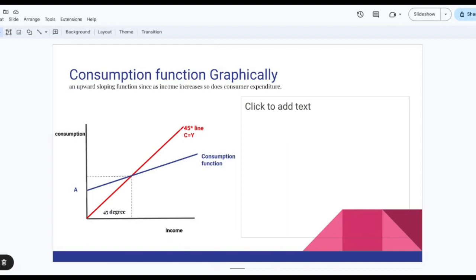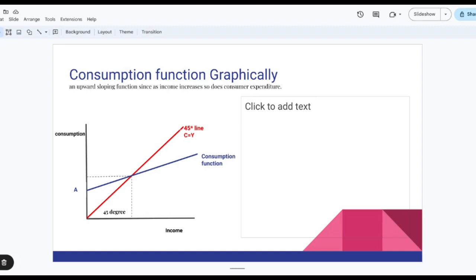Where the line crosses, that's where income is equal to consumption, so you're spending as much as you are earning. This is just a simple graphical representation of the consumption function.